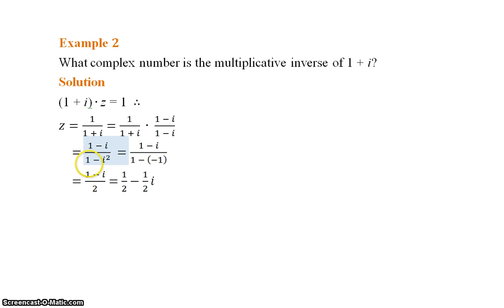So in the denominator, we will get 1 minus i squared. Because i squared is negative 1, 1 plus 1 gives 2. Therefore, the result is 1 over 2 minus 1 over 2i. This is the multiplicative inverse of 1 plus i. If we multiply 1 plus i by 1 over 2 minus 1 over 2i, the result would be 1.